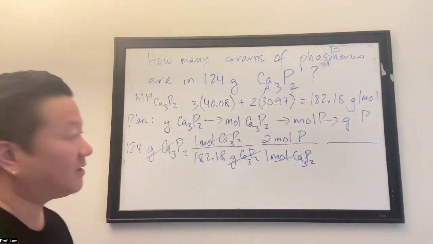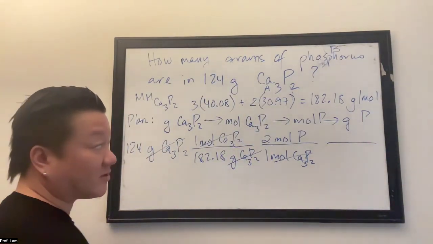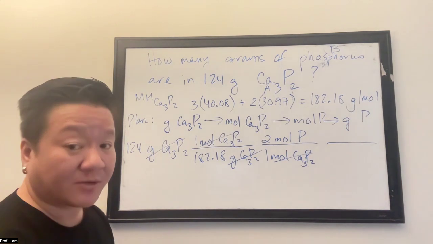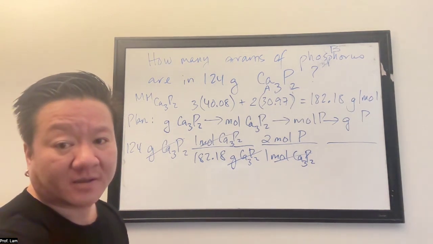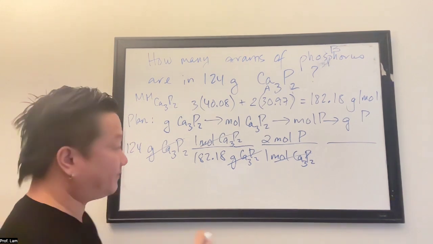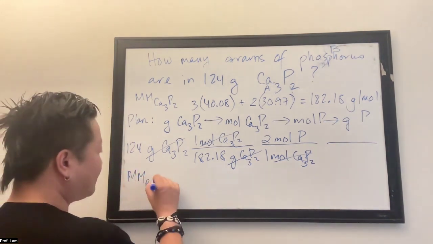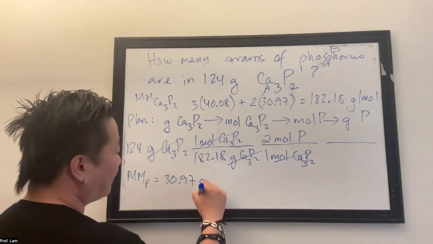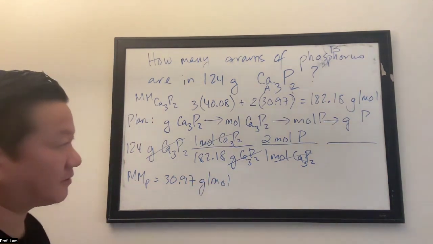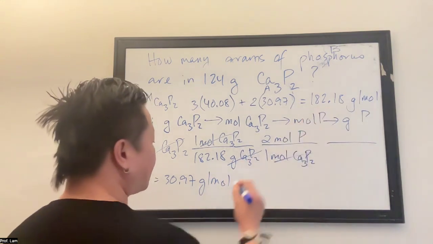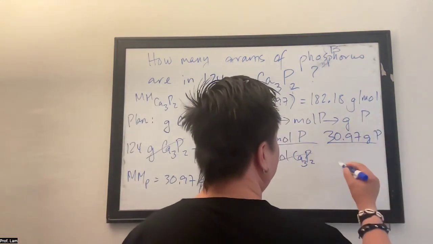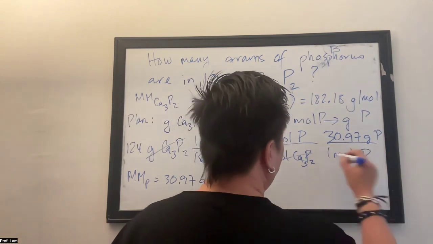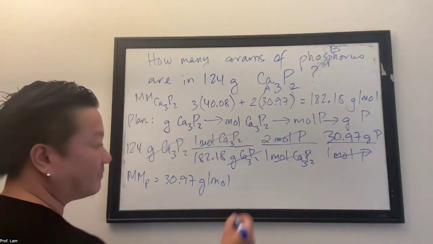Last step, you want to get from moles of phosphorus to grams of phosphorus. So you'll need the molar mass of phosphorus, which is 30.97 grams per mole. We know that we need grams on top, so 30.97 grams of phosphorus on top over 1 mole of phosphorus on the bottom, right?